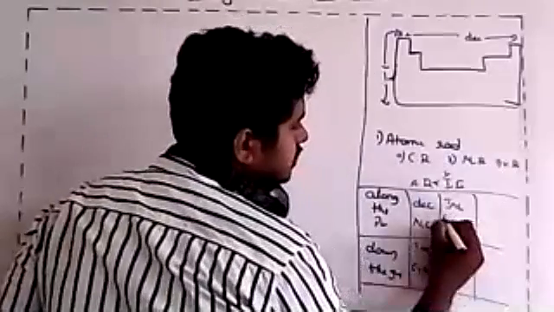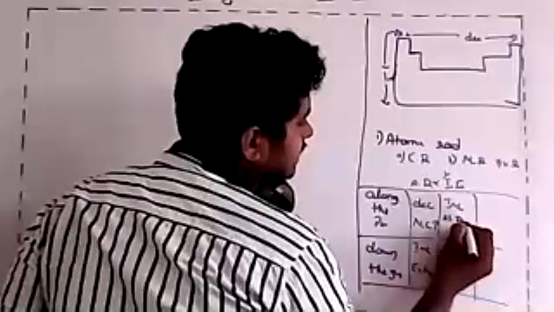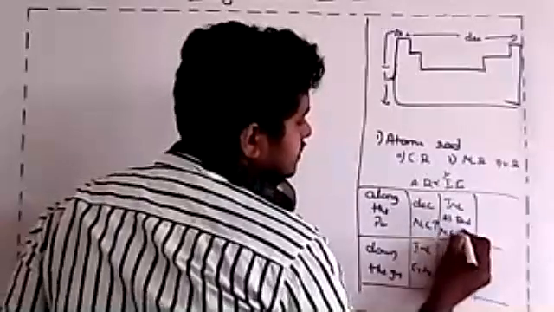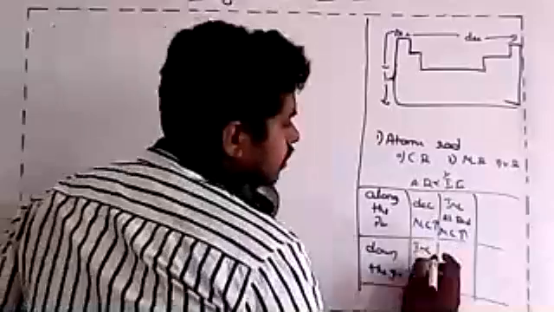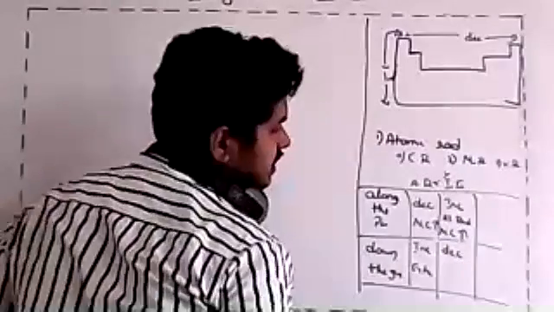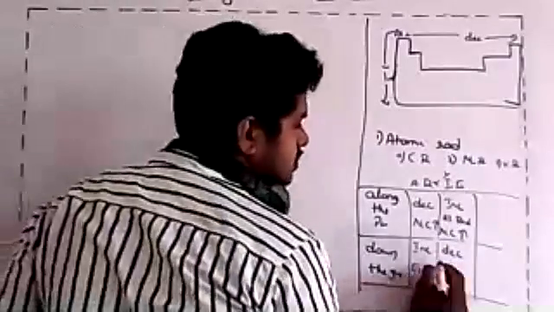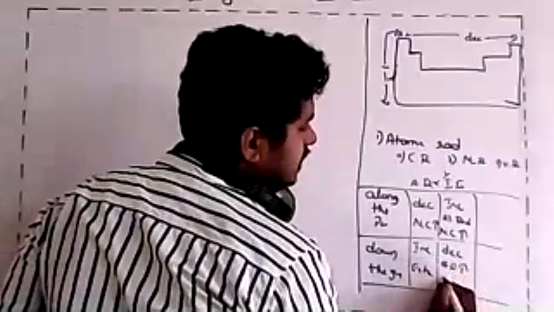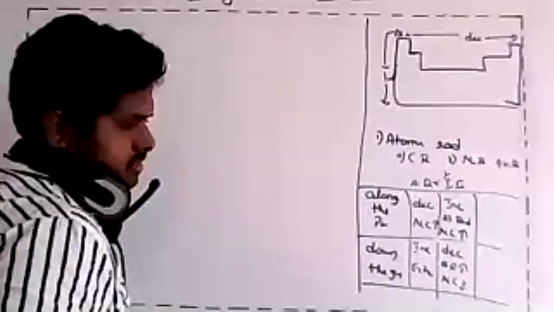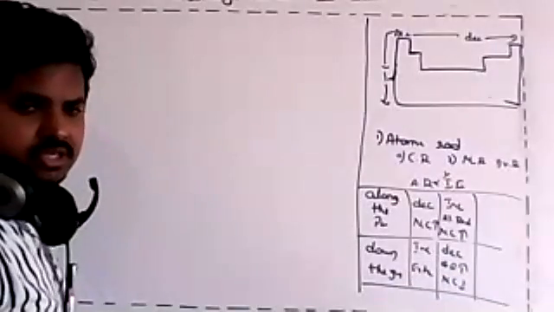The reason: atomic radius decreases and nuclear charge increases. Down the group, ionization enthalpy decreases because atomic radius increases and nuclear charge decreases. Got it?